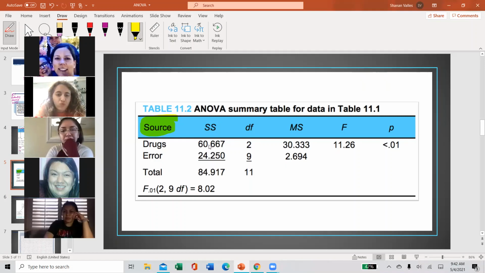So here's our SS treatment, or our SS drugs, SS error, and SS total. One thing we just saw on that slide is that if you add those up, you get the 84.917. Now, we know this one, degrees of freedom.